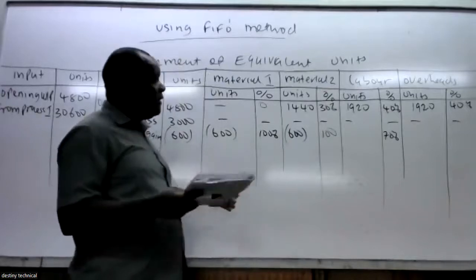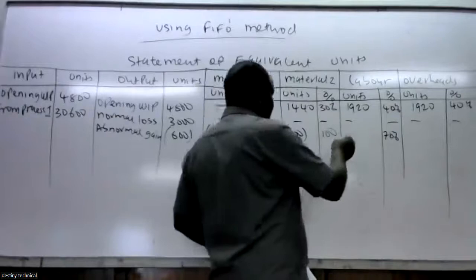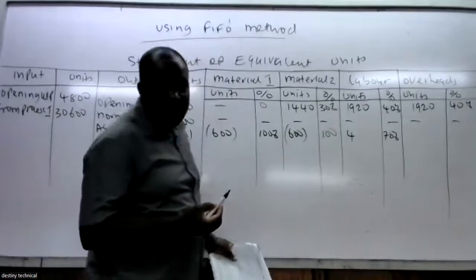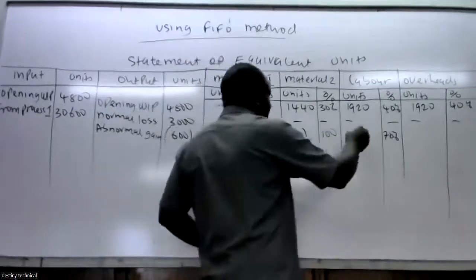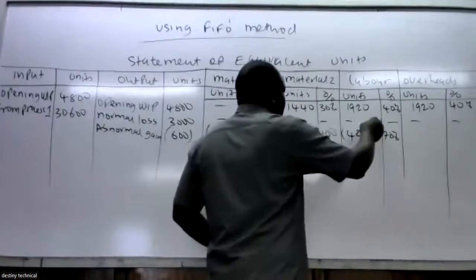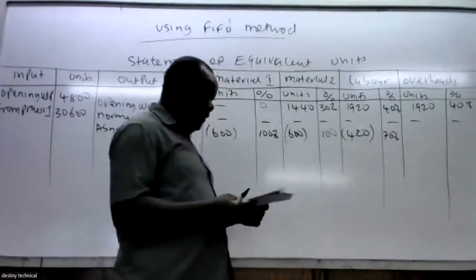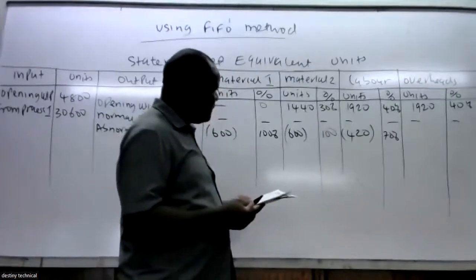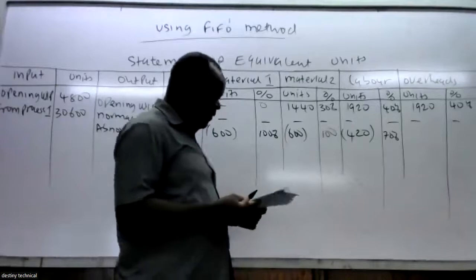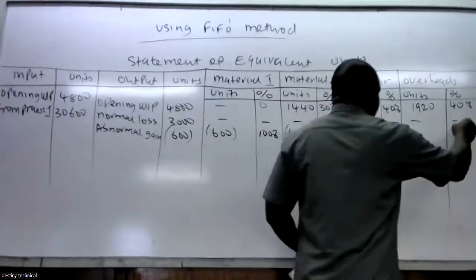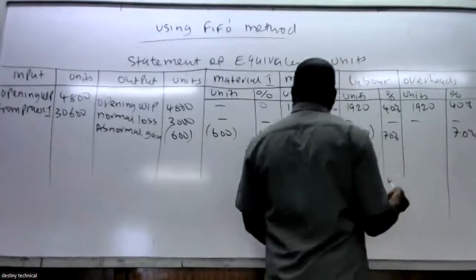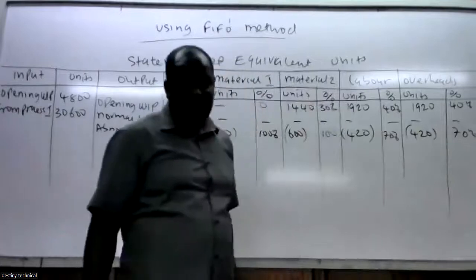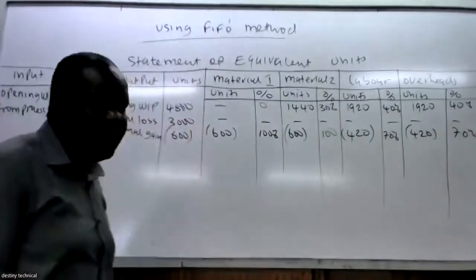What is 70% of 600? It's 420. Also for the overheads, the same case. It is 70%, so 70% of 600 should also be 420.